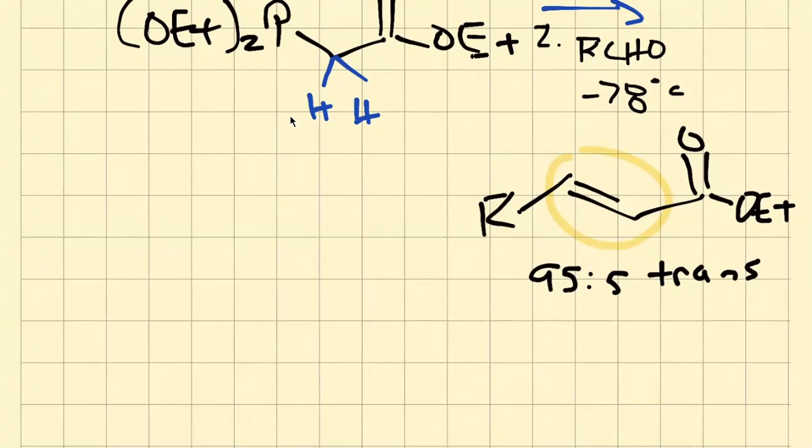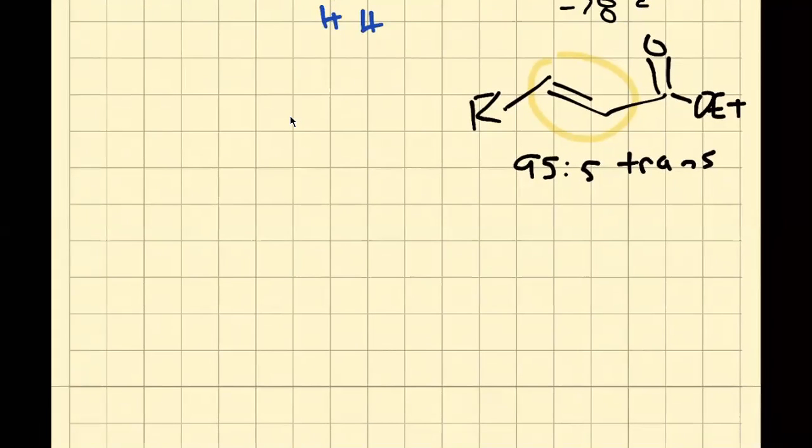And so the reason why you see this high trans selectivity, this is how they explain it, is that the formation of the, well, not the betaine, but the oxaphosphetane, right? That step is fast for the cis oxaphosphetane and slow for the trans. So let's talk about that.